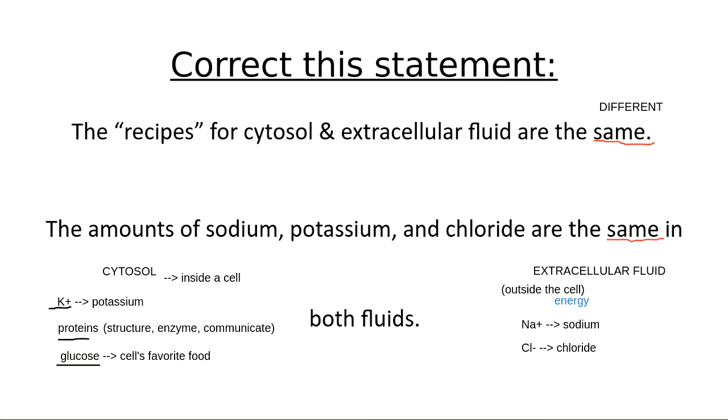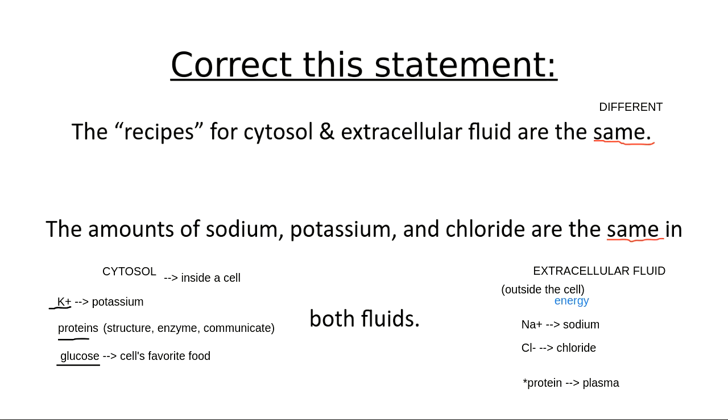Do we remember which of those extracellular fluids had proteins inside of it? That was found only in plasma. I don't have protein, so let's make a note here. No protein in interstitial fluid.